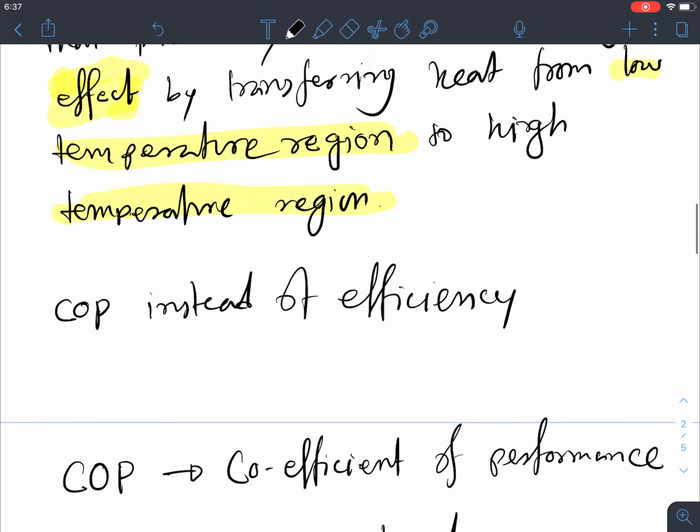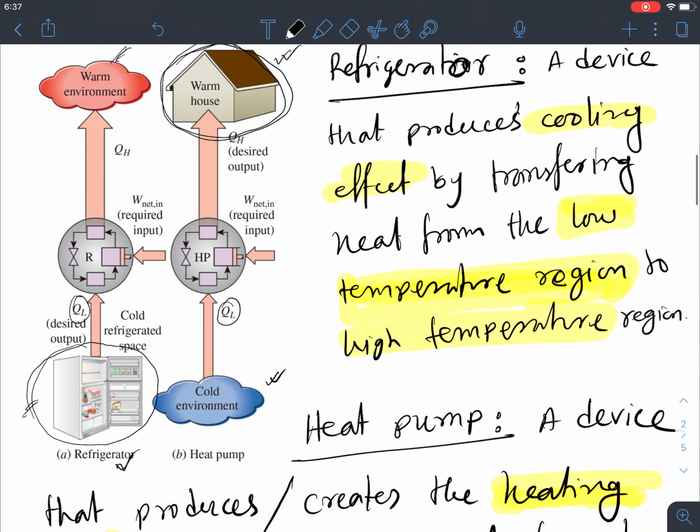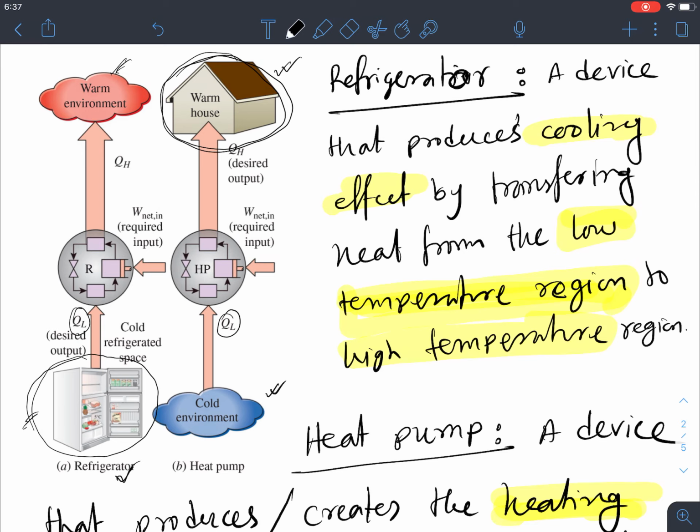So what is the input of the refrigeration system? The input is W_net,in to operate this device. And the output of this cycle is QL, how much heat we can extract from this conditioned or closed space.